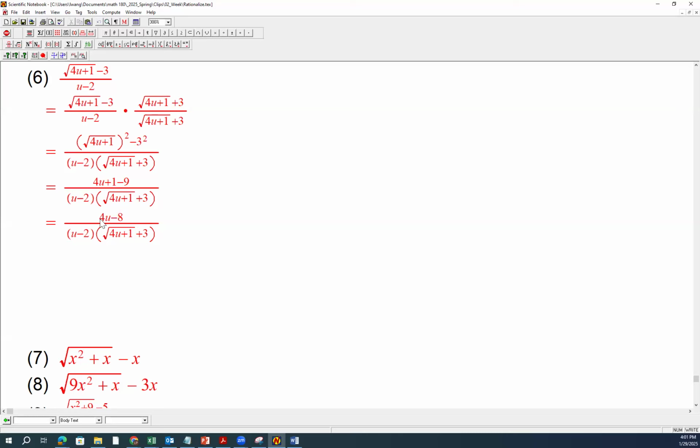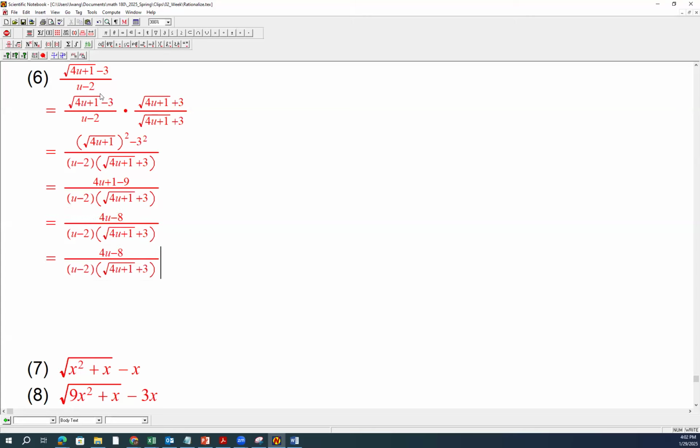1 plus 1 minus 9 is minus 8. And 4u minus 4, we can factor out the 4. We factor the 4 out, so we get a u minus 2 inside on the numerator. So now you can see u minus 2 will reduce with the factor in the denominator, u minus 2.